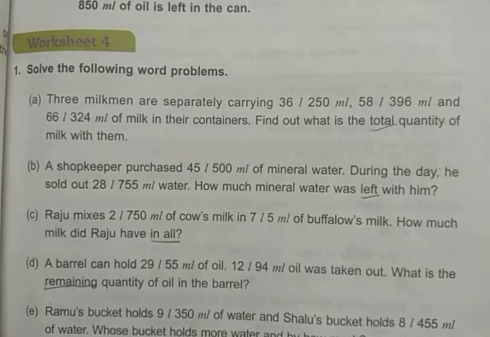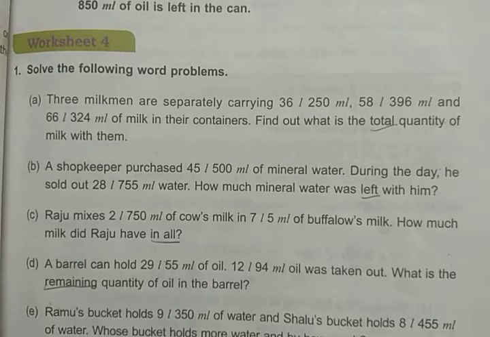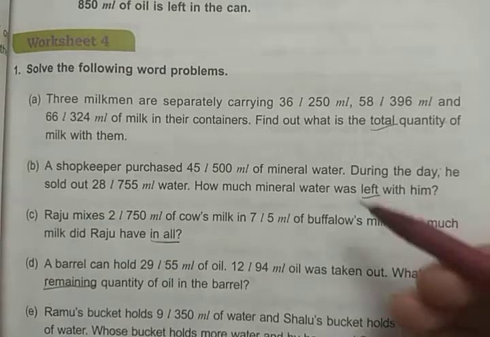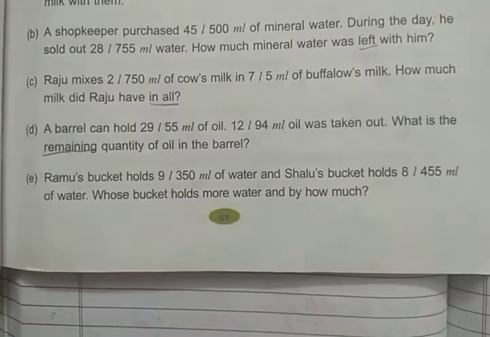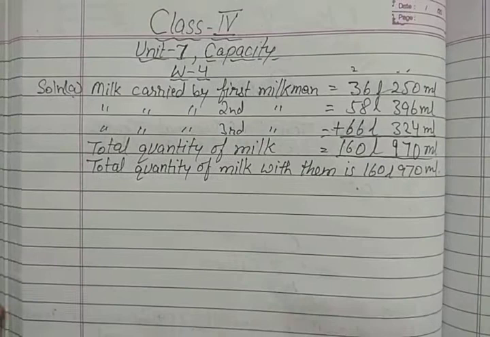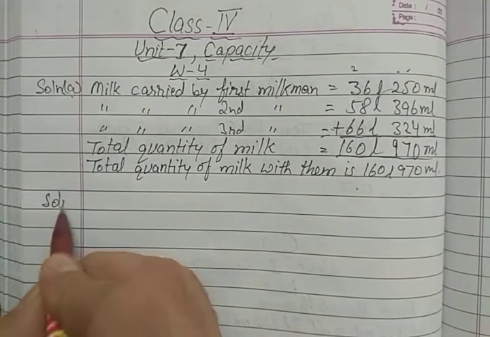To find the left, what we have to do? Whenever we have to find the remaining quantity, we have to subtract. So the keyword is given again, and the keyword is already underlined here. So first of all, we will write what is given.